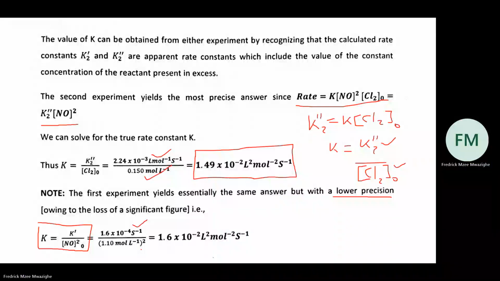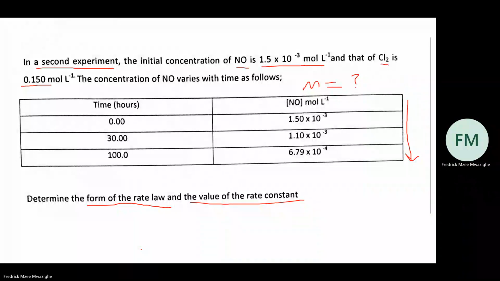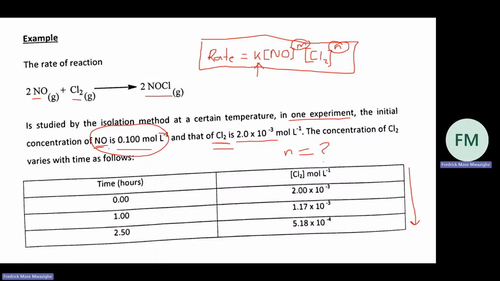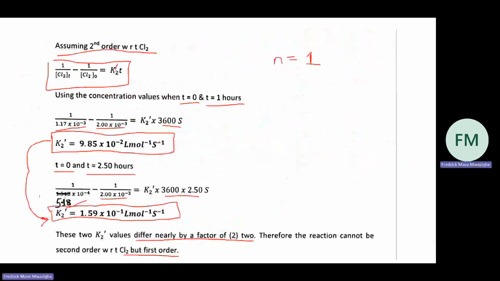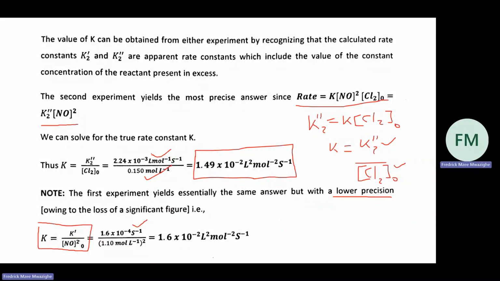The initial concentration of NO is 1.5 times 10 to the power minus 3. No, this is the second one. So this one is 0.1 molar. You have to make sure that you use the correct one there. It has to be 0.1 molar squared.